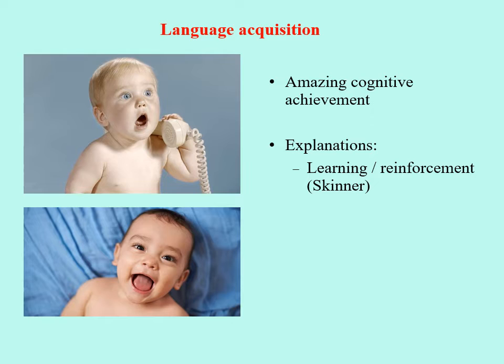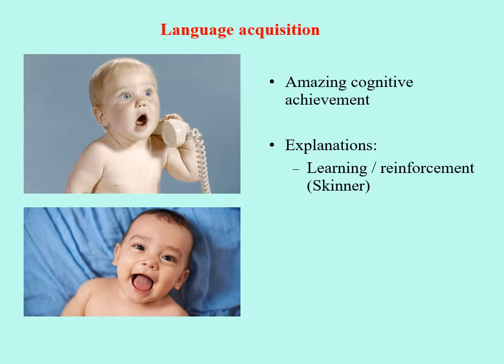The first one is the learning reinforcement account, most famously represented by B.F. Skinner, who argued that language acquisition is simply a function of learning and reinforcement. Vocalization by a very young child gets selectively reinforced as they approach word-like sounds, and this is how children learn the language.